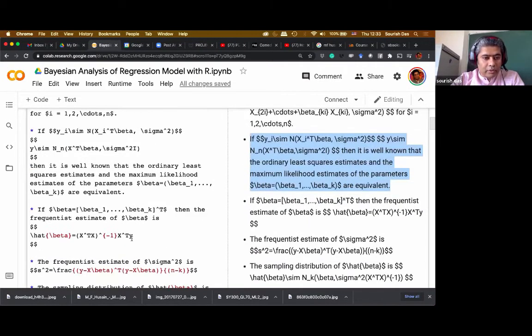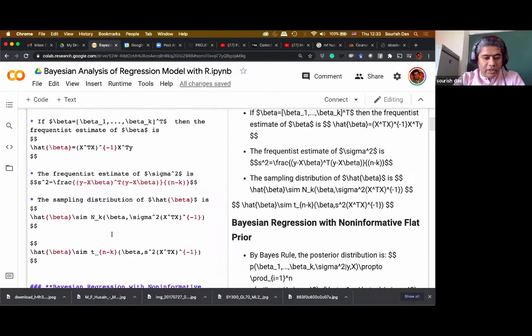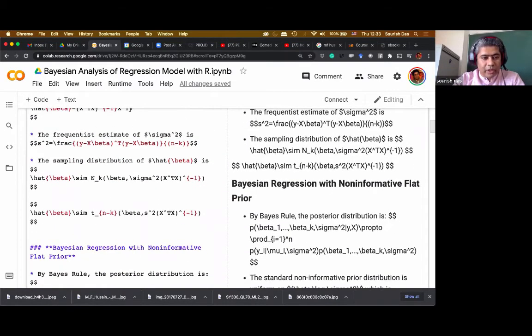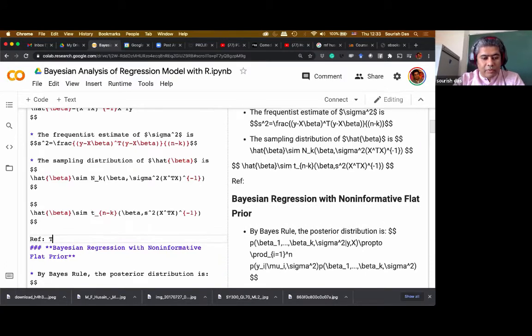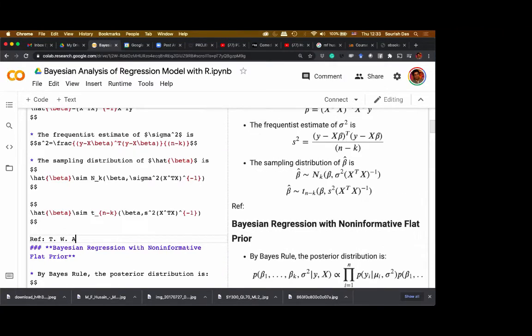Okay. So here is the reference. I think 3rd or 4th chapter, if I remember correctly. T.W. Anderson.